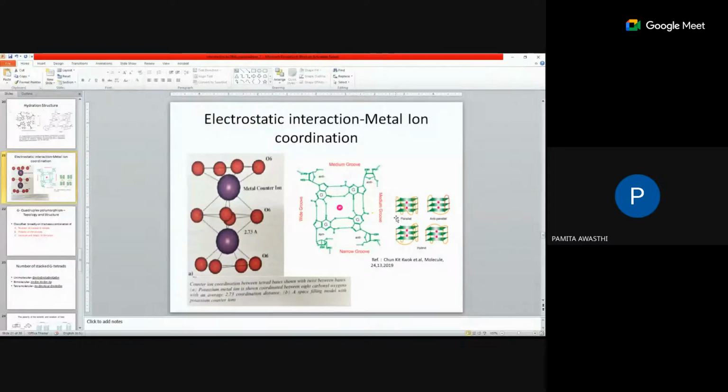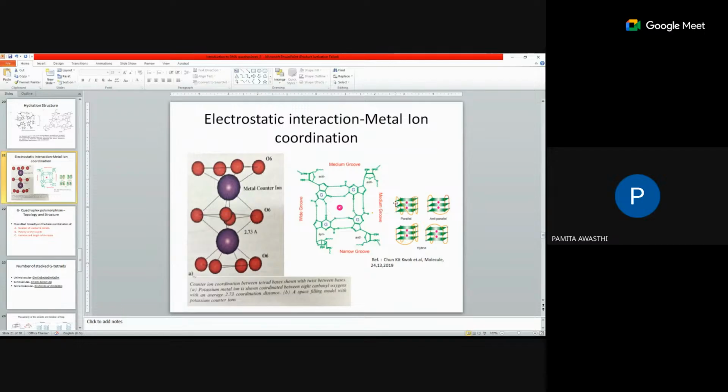So the oxygen atoms form a square pillar kind of arrangement for each tetrad with a twist of 30 degrees and a rise of 3.4 angstrom between each tetrad, with a bipyramidal antiprismatic kind of structural arrangement where you can have 8 oxygen O6 atoms involved.